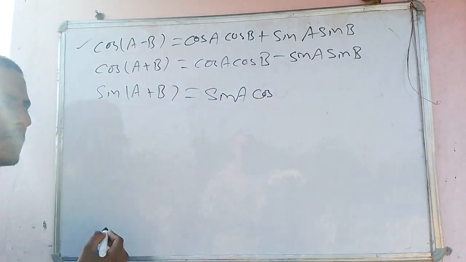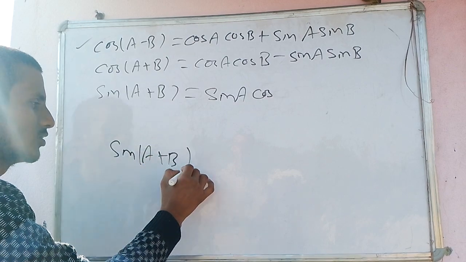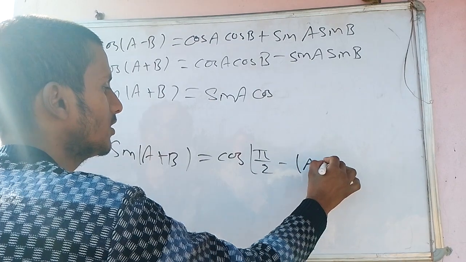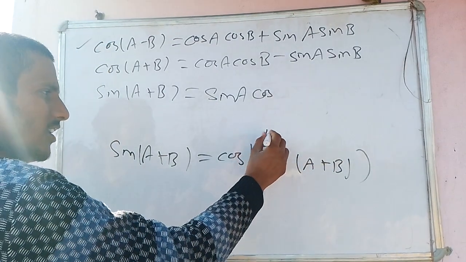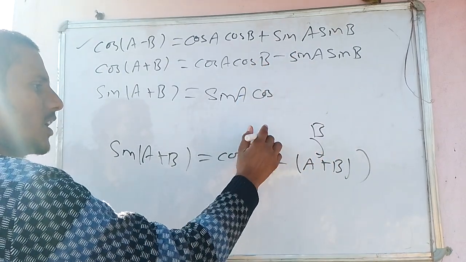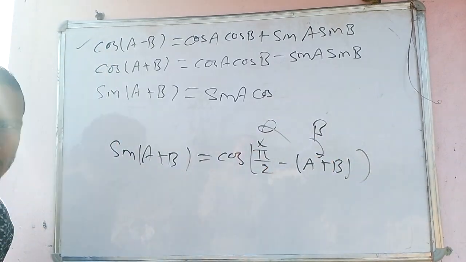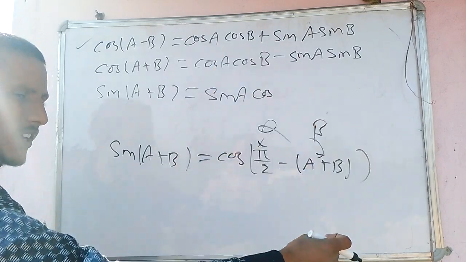How are you going to derive sine A plus B in the form of cosine? Sine A plus B is going to be cosine of pi over 2 minus A plus B. If you use it now, let this be angle A, let this be angle B, or maybe alpha and beta if you're not comfortable with A's and B's. Then apply the formula of cosine alpha minus cosine beta.